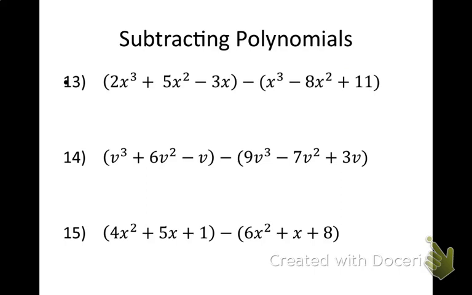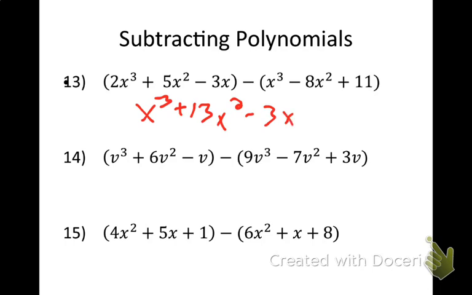So 2x cubed minus x cubed gets me x cubed. Now here's the next one where students make their mistake. It's 5x squared minus a negative 8x squared. So 5x squared minus a negative 8x squared actually gets me a positive 13x squared. That's where students make their first mistake. Minus 3x, we're good.